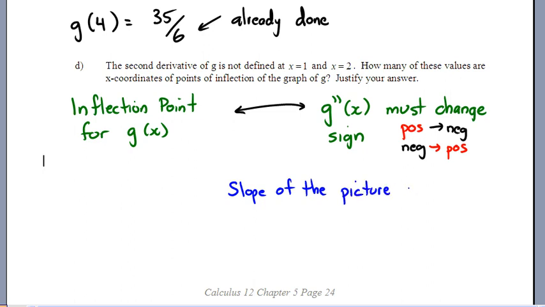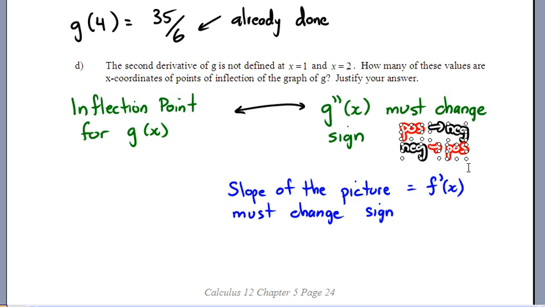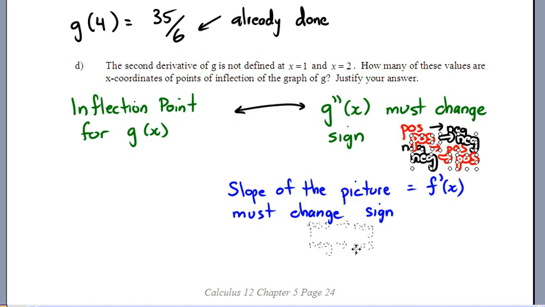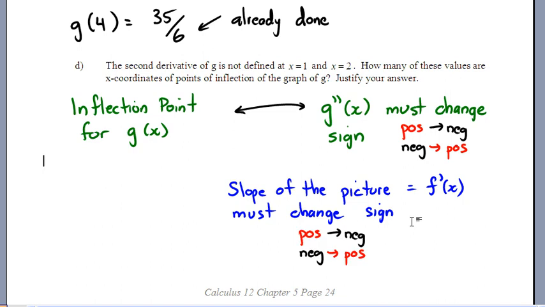In other words, f prime of x, slope of the picture, has got to change sign. It's going to have to do that same thing. It's going to have to go from positive to negative or from negative to positive. Same story, so I'm just going to put that right there.